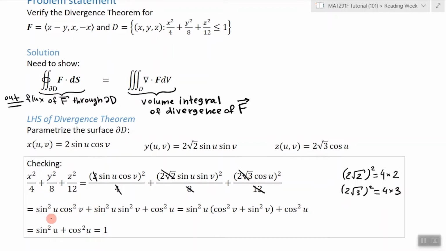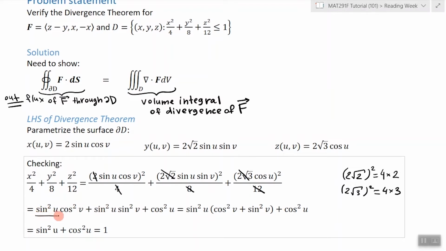From this, we get this expression over here, where this is sine u, and it's squared. Then we have cosine squared v. We have sine squared u. This is what we got here. Sine squared v, and then here is cosine squared u, which is what we have here. Okay, then let's look at these two terms.